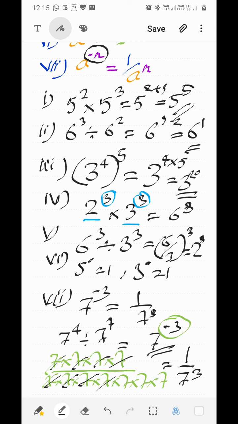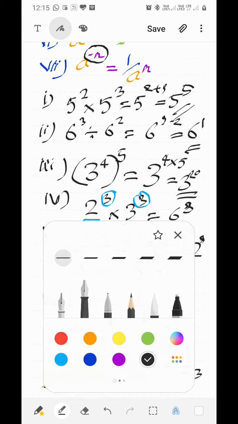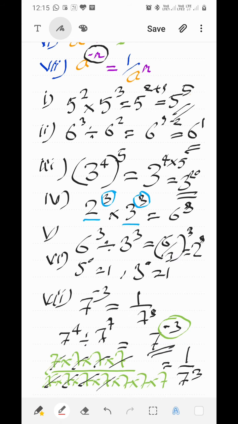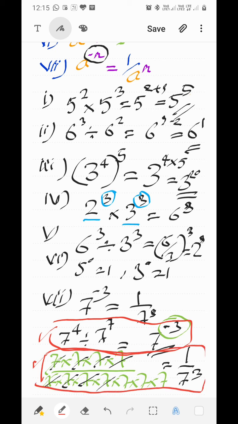Okay, so we have done the same division here. Look at these divisions. First one 7 raised to 4 divided by 7 raised to 7, second one also 7 raised to 4 divided by 7 raised to 7. In the first one we used our law of exponent, second law of exponent, and in the second the usual method. But in these two methods we got answers different, that is 7 raised to minus 3 and 1 by 7 raised to 3.